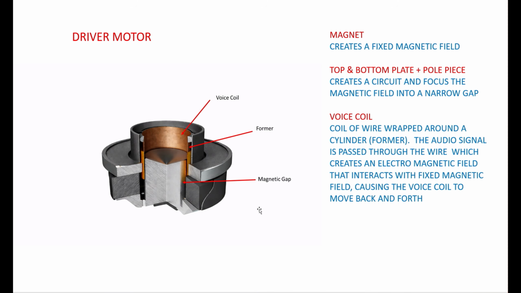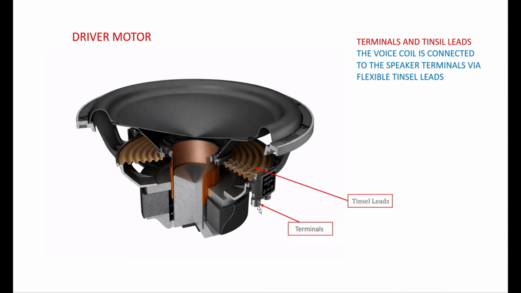The voice coil is the thing which we pass the audio signal through, and when we pass that current through the voice coil, it becomes an electromagnet, and creates an electromagnetic field that can interact with the fixed magnet. Depending on the direction of the current or its polarity, the voice coil will either be pushed forward or back. So that's the driver motor.